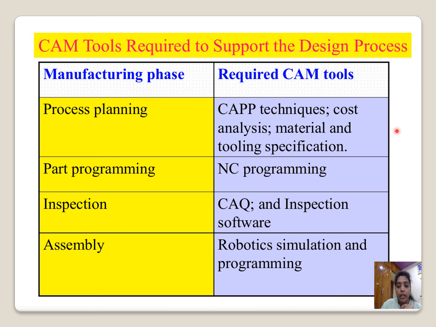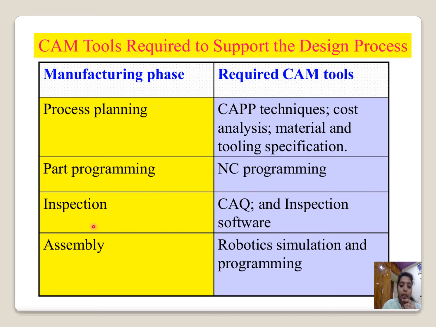All of this can be planned here, and that is known as process planning. First phase is the process planning. After that what will come? Part programming. Part programming means which parts will be manufactured in which machines. Those can all be programmed here by using NC programming.